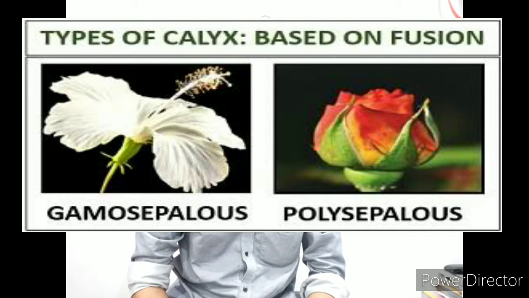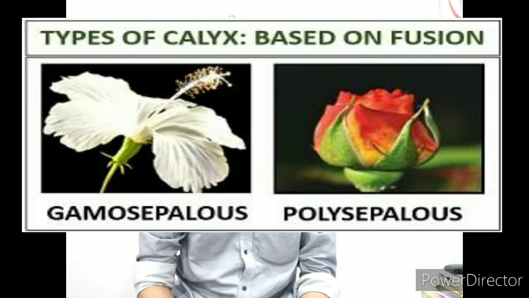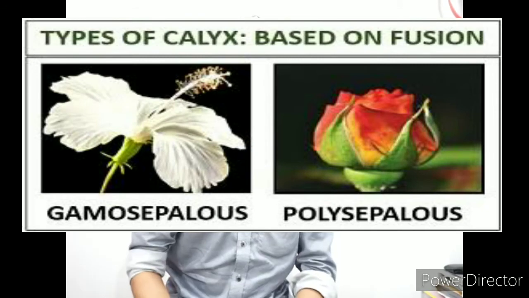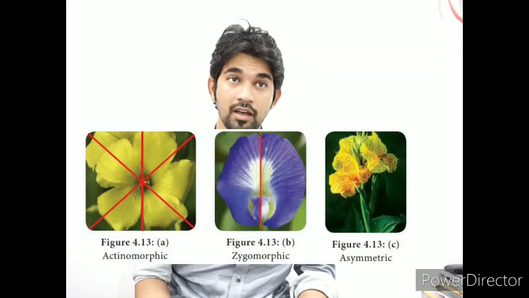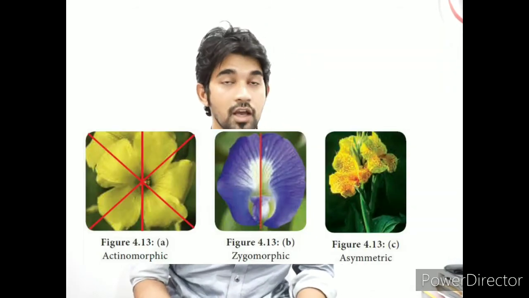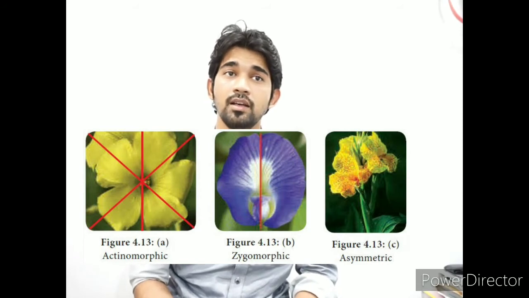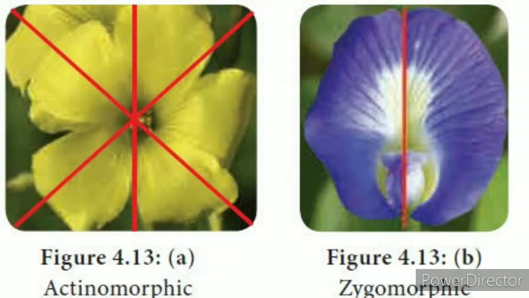Based on the position of floral parts on the thalamus, they can be termed as hypogynous, perigynous, and epigynous. When we look at the symmetry of flowers, they can be actinomorphic, zygomorphic, and asymmetric.